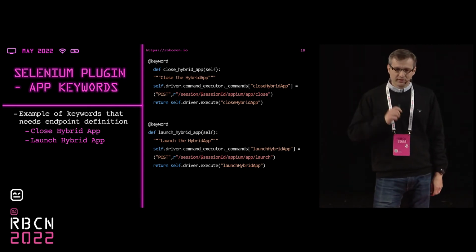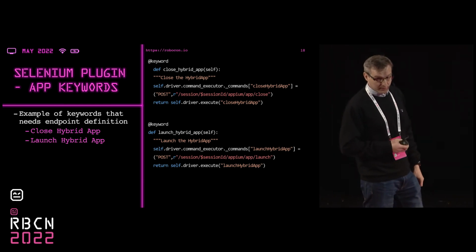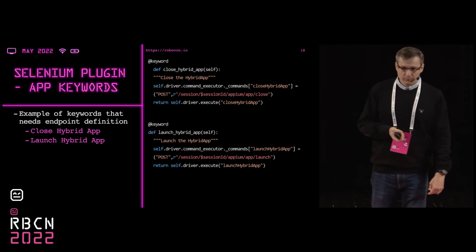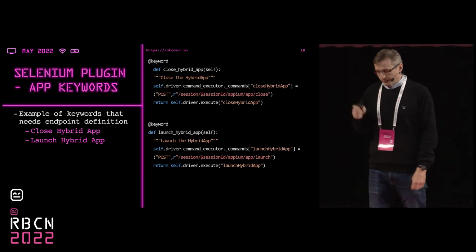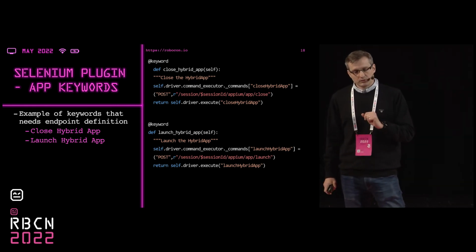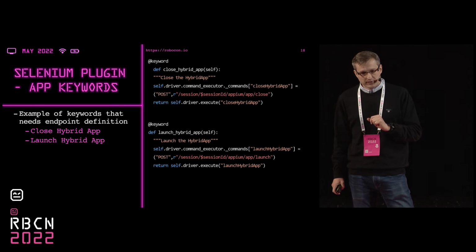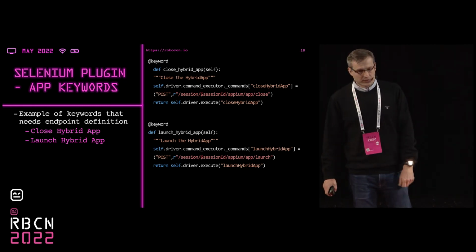What I needed is just to send an HTTP request, a POST in that case. In other cases, that might be a GET, but you can find the details of this HTTP request in the Appium documentation. So I defined what request is being sent, and then executed it the same way as in previous examples.